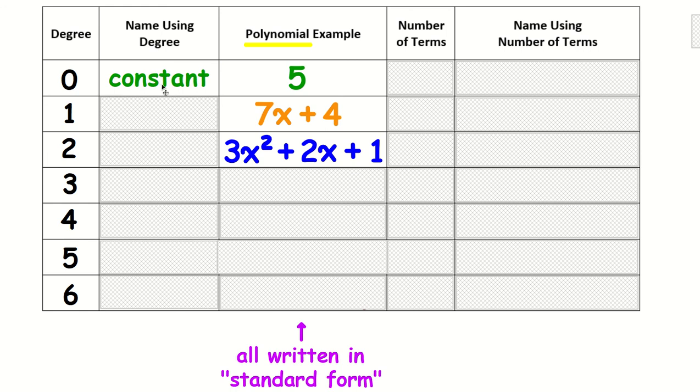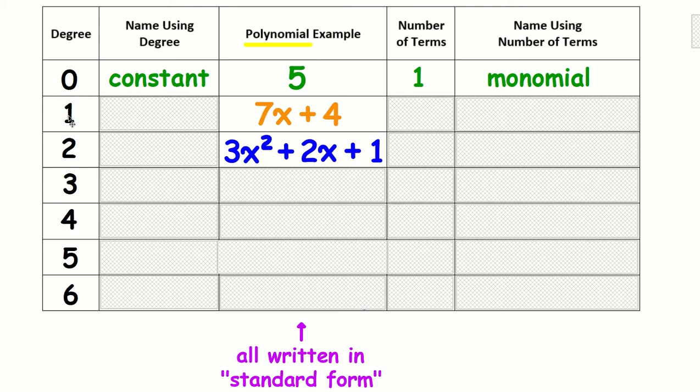And we talked about this word last lesson. So this is a constant polynomial. And now this one has only one term, so what's the word if there's only one term? That's right, monomial. We've already talked about that. So we can call this term a constant monomial.